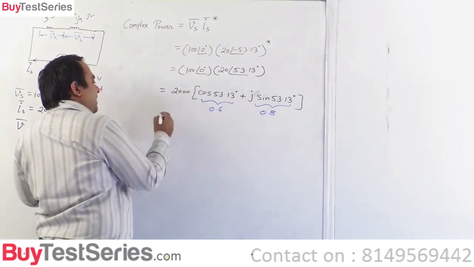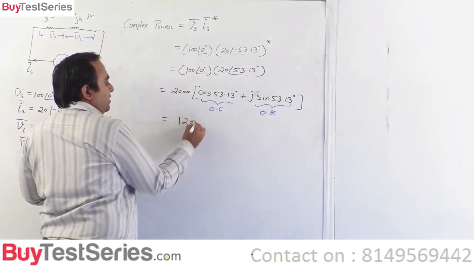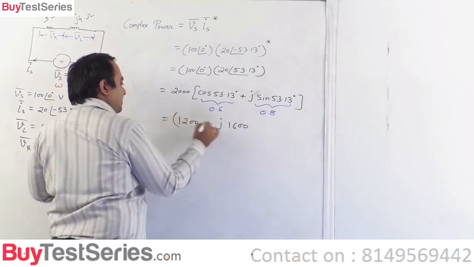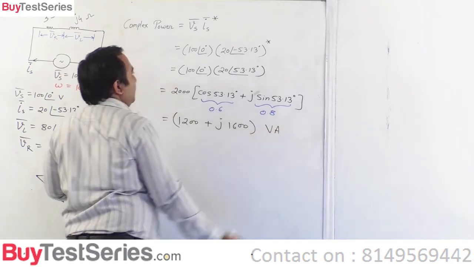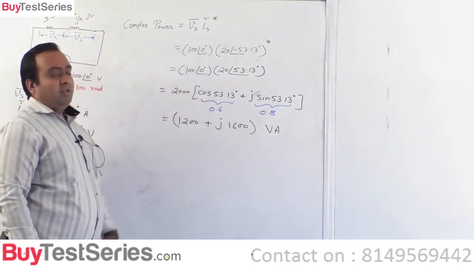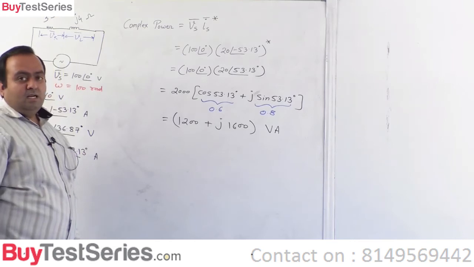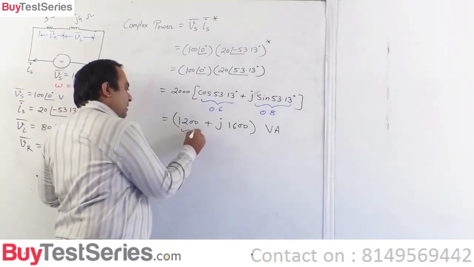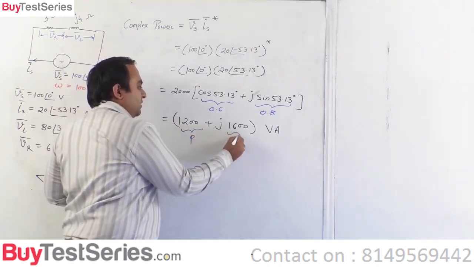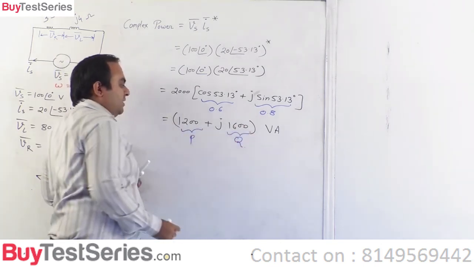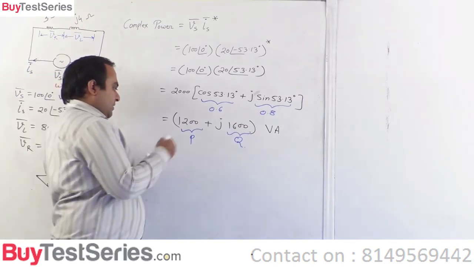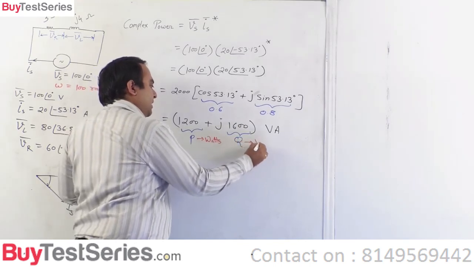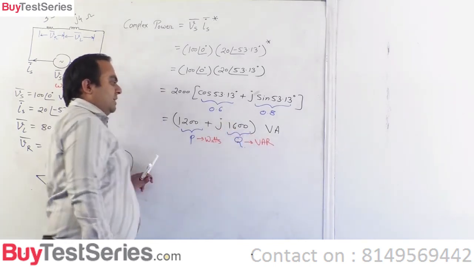So in totality it becomes 1200 plus j 1600 volt ampere, and this is called the complex power absorbed by the RL circuit. Out of this, this is P, or active power, measured in watts. This is reactive power, measured in VAR. So this is in watts and this is in VAR.